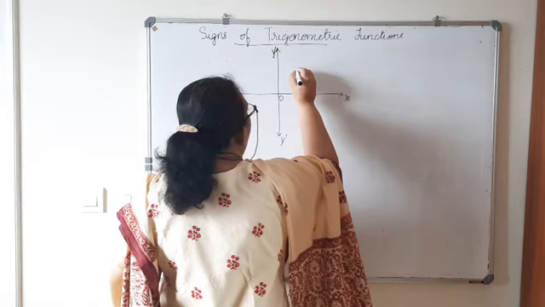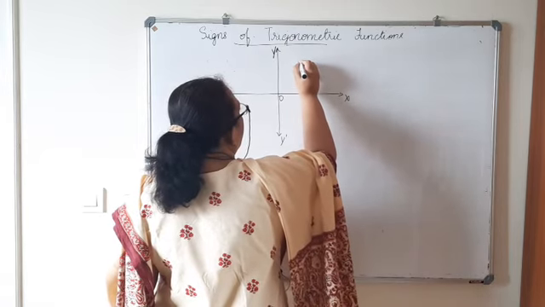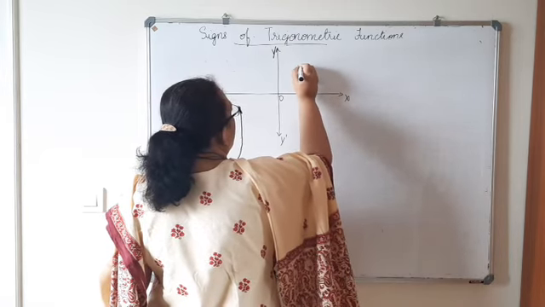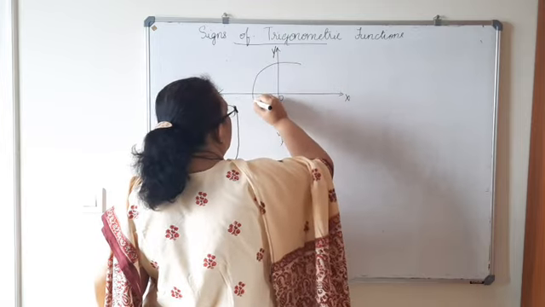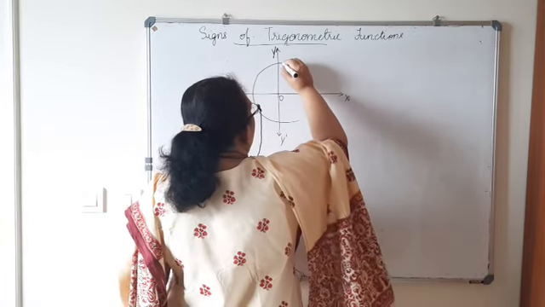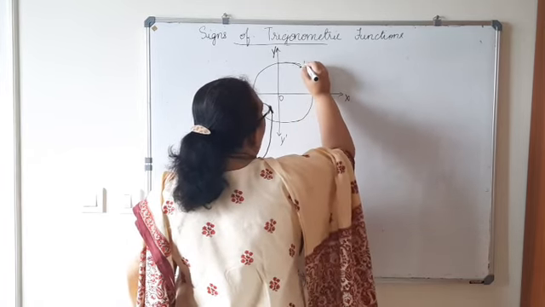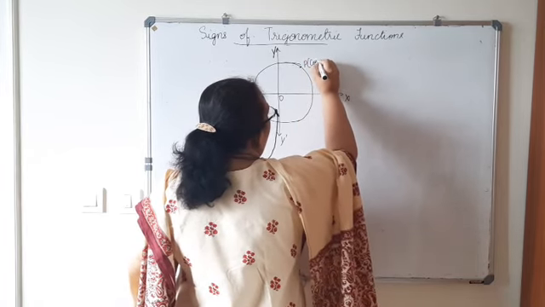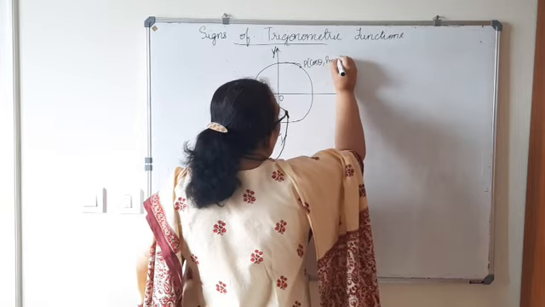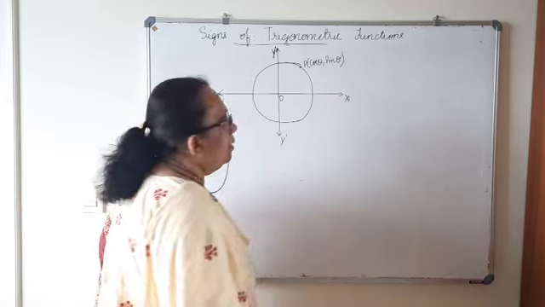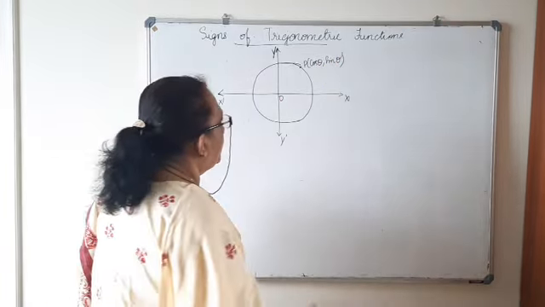That means when you consider the point P (cos theta, sin theta), both sin theta and cos theta are positive.